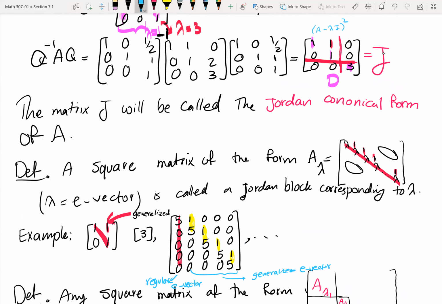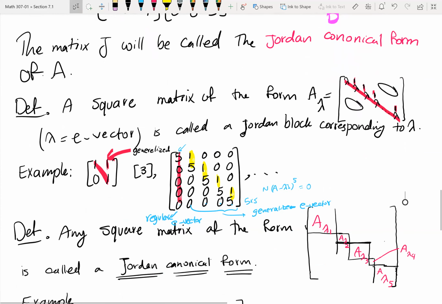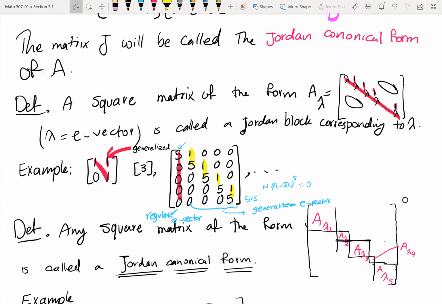Here your block is how many? 1 2 3 4 5, so it is 5 by 5. So probably for this one your A minus lambda I to the 5th power is what gives you enough eigenvectors, because you got 1 from the first power and then you need to get another 4. Okay, is there any question?